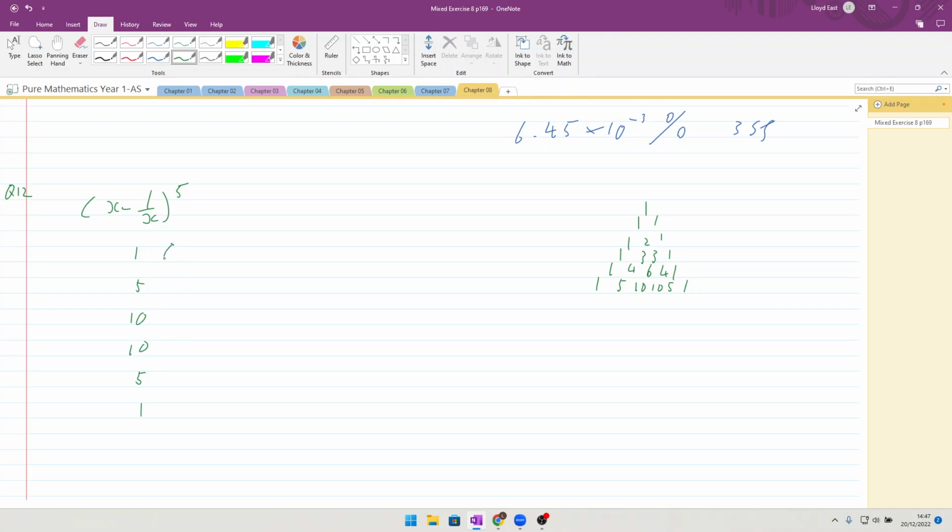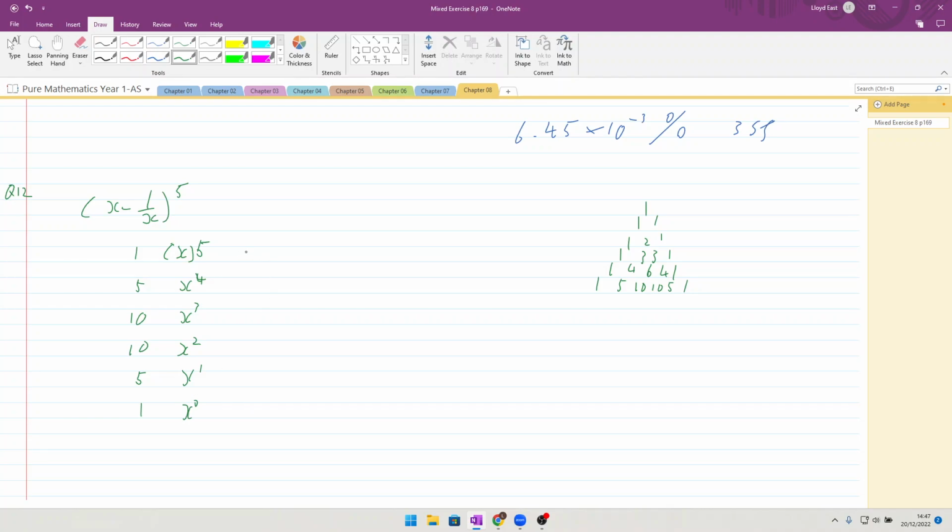We're going to have all of that times x to the power 5, x to the power 4, x to the power 3, 2, 1, and 0.